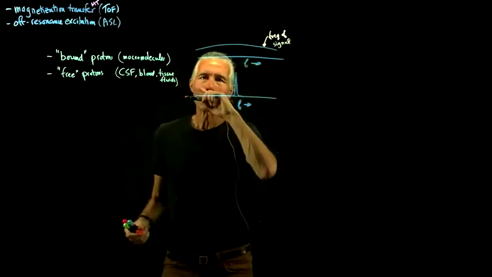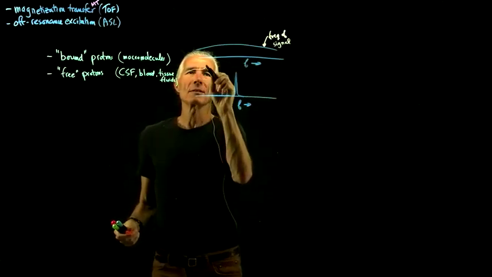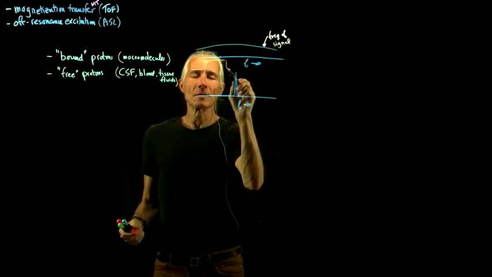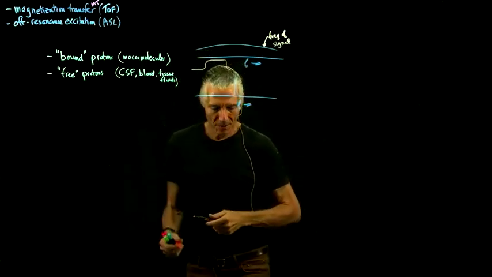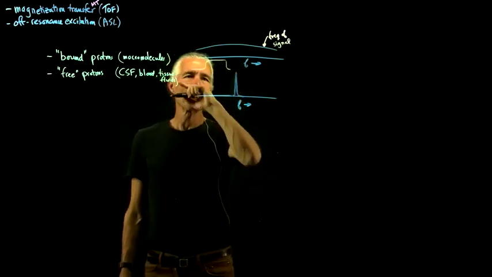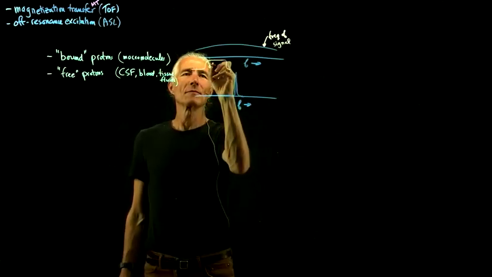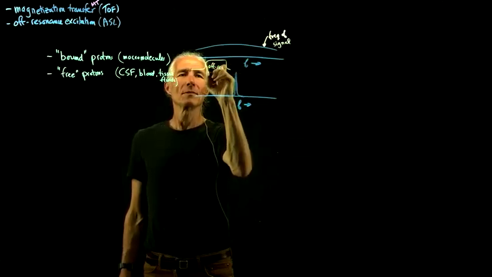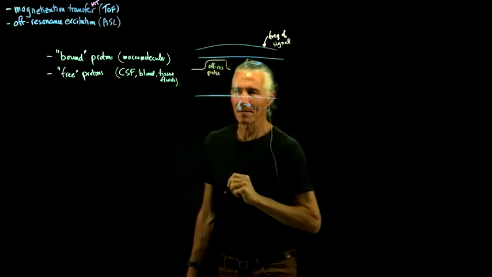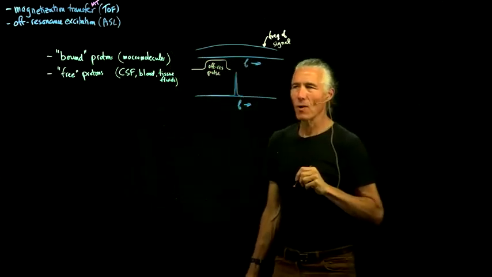And so what you can do is set your pulse off to the side. So this is our off-resonance pulse. It's not off resonance for the macromolecules, it's just off resonance for water.